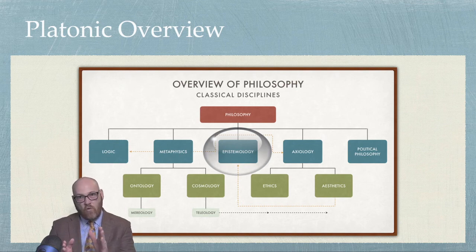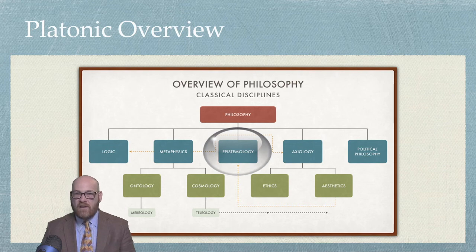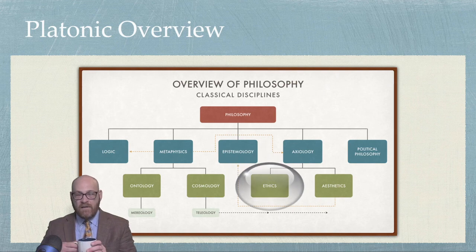So it's not quite knowledge, and it's not just raw ignorance, but it's opinion, it's belief. Your opinions, your beliefs can be either true or false. So you can have a certain belief, you can have confidence in this belief, but you can be wrong. Whereas knowledge, you'll never be wrong if you actually know it. Right? And then finally, his ethics.